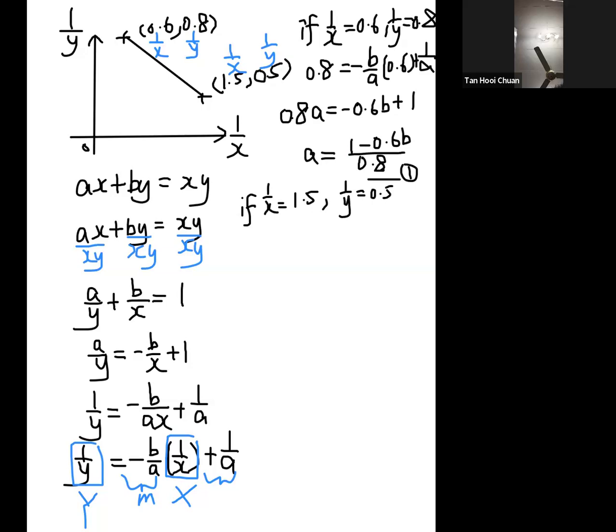So you put inside 1.5. The 1 over x become 1.5. You don't inverse the 1.5 again. Okay, plus 1 over a. So for this case, you times a for all the terms. Times a. This one also you times a.